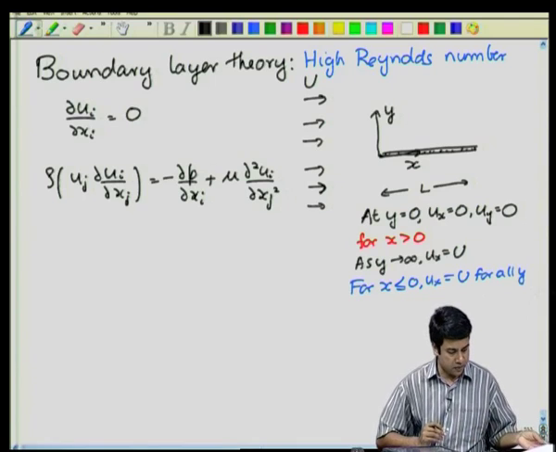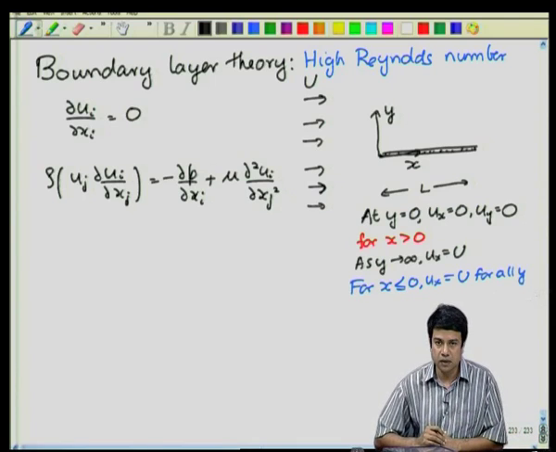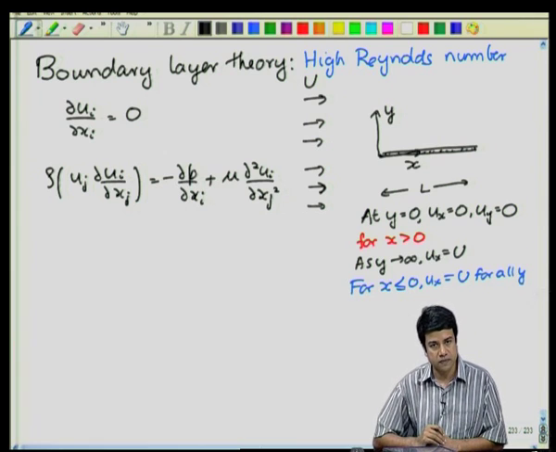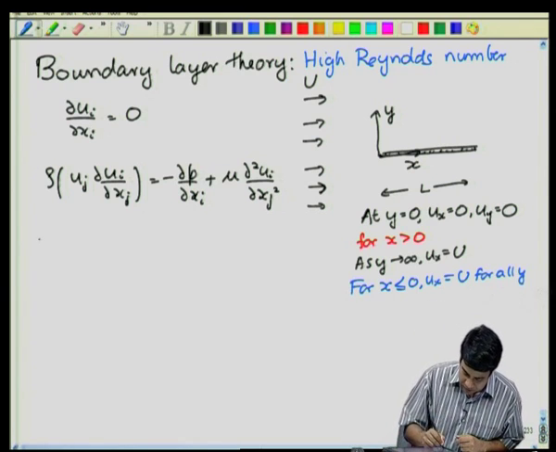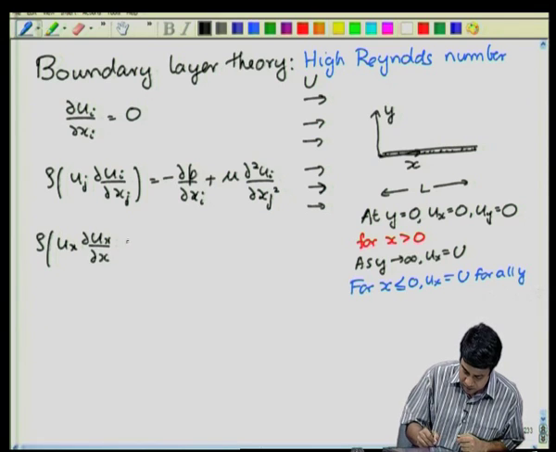So, these are the vector equations, and one can write it down in terms of the components, because this is only a two dimensional system. If I write down in terms of the components of the equations, I will get rho into ux partial ux by partial x, and so on.